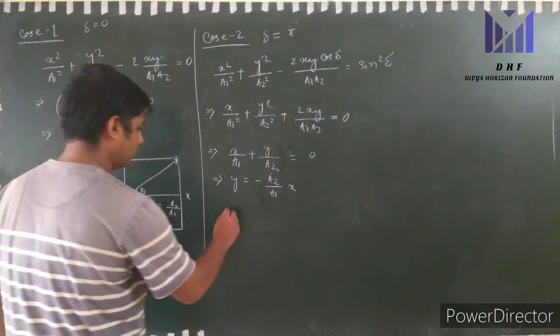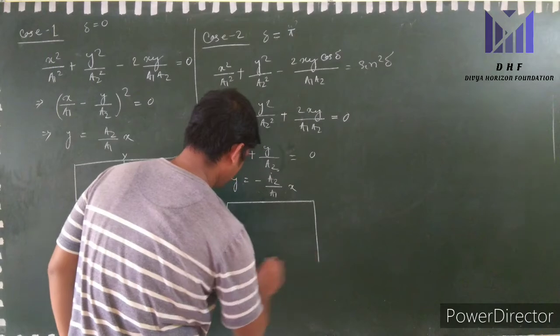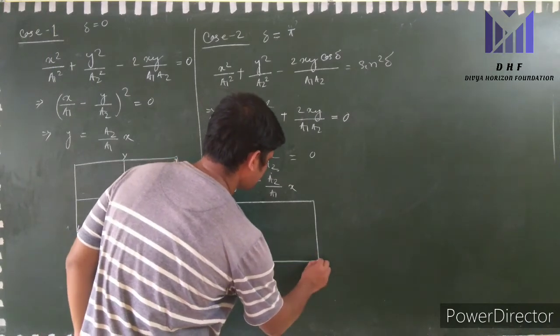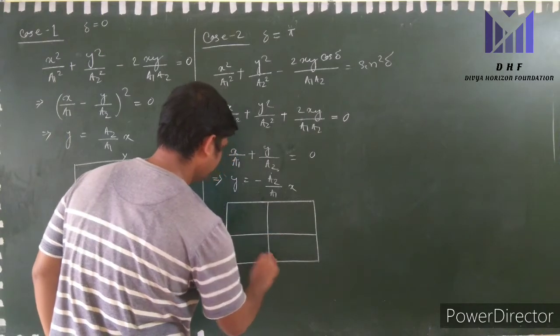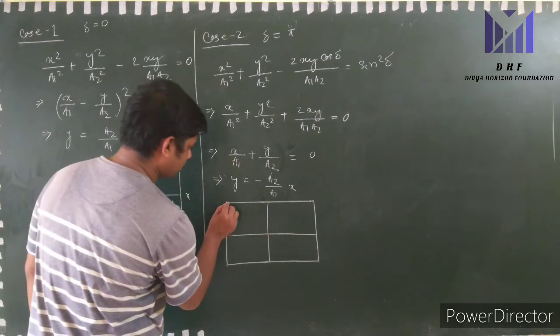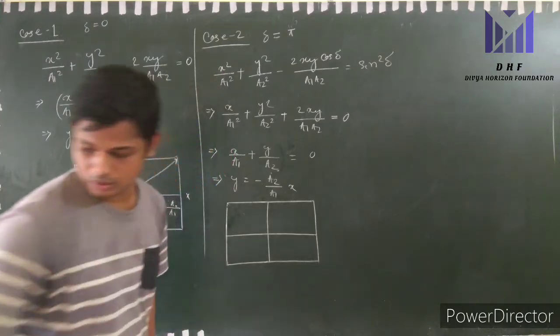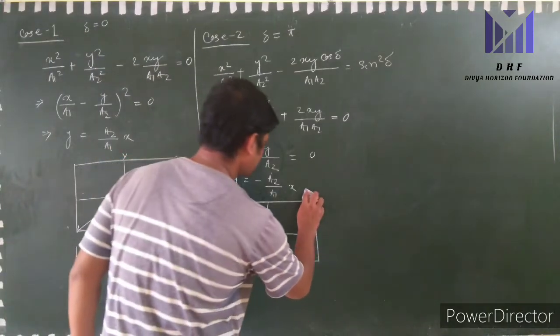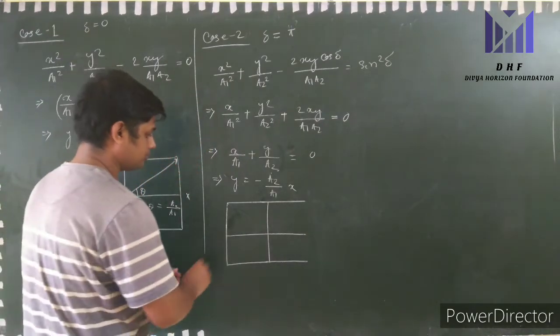So if we draw the figure, let us draw the square in which the figure is going to be inscribed. This is the x-axis and this is the y-axis, and the figure will be like this.